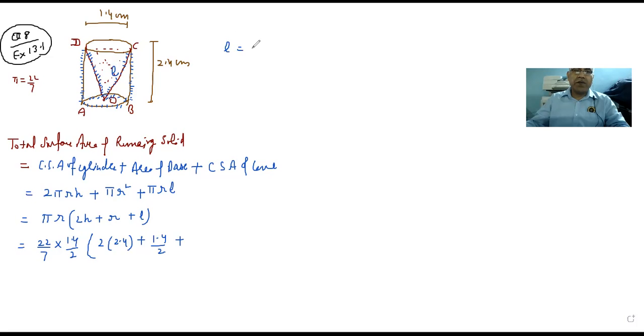So slant height, this is L. L is equal to under root h square plus r square.